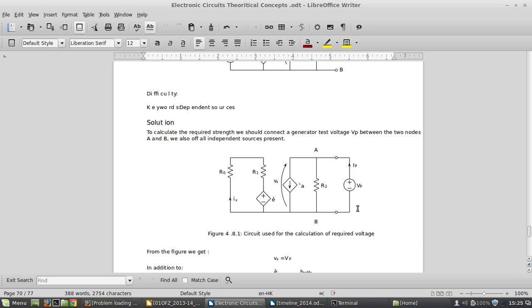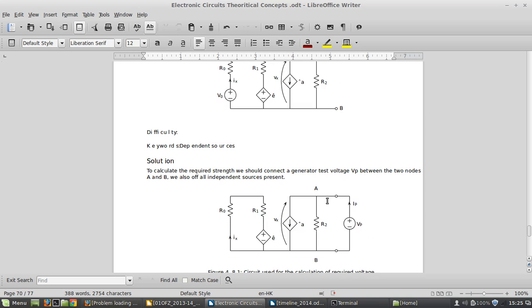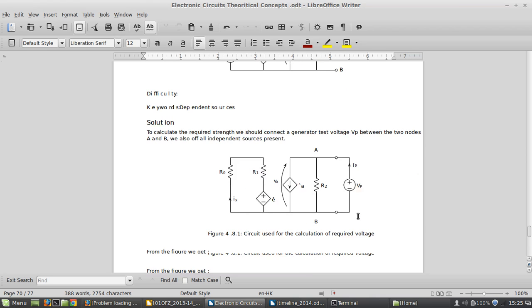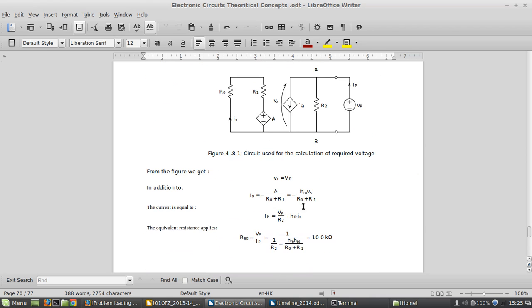Now for exercise number 8, what we have to do is compute the equivalent resistance of the circuit starting from terminal A to B. From this interface I have to find the R equivalent resistance. For this particular case, you have to be careful that for finding the equivalent circuit with a dependent source, we also need a V equivalent, that is a Thevenin voltage.